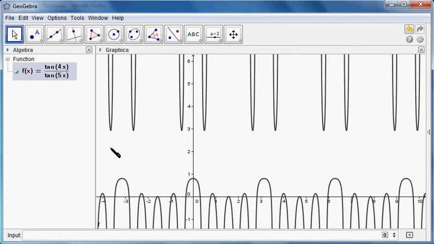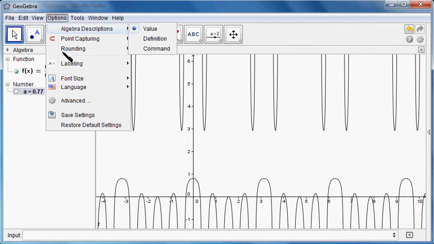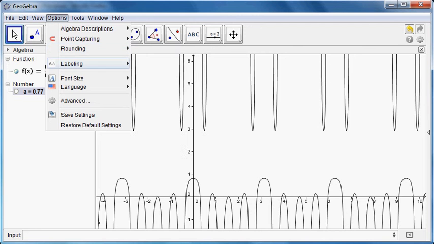Alright, so that's an interesting picture. So we're looking for f of 0.1. Type that, and it came out to be 0.77, but we need a little bit more precision. Let's go back.